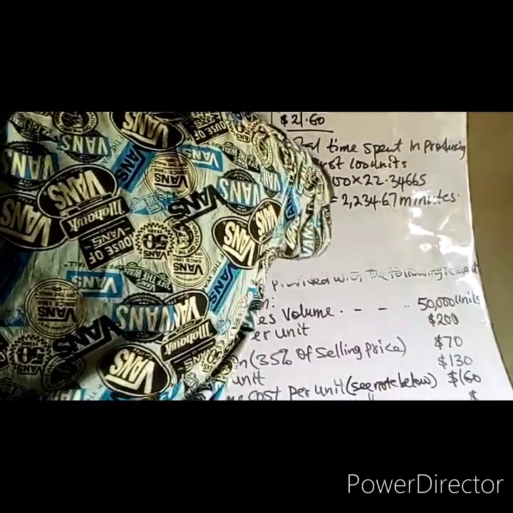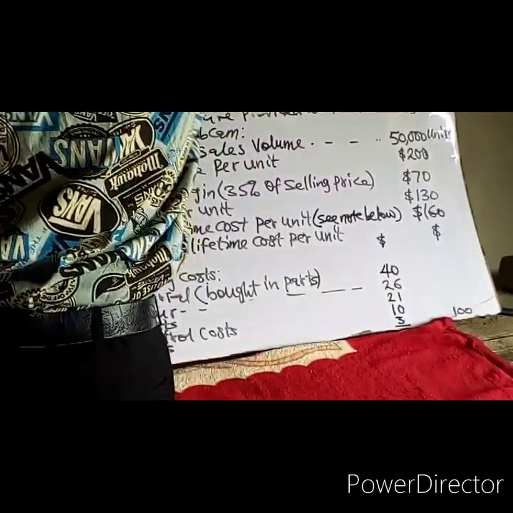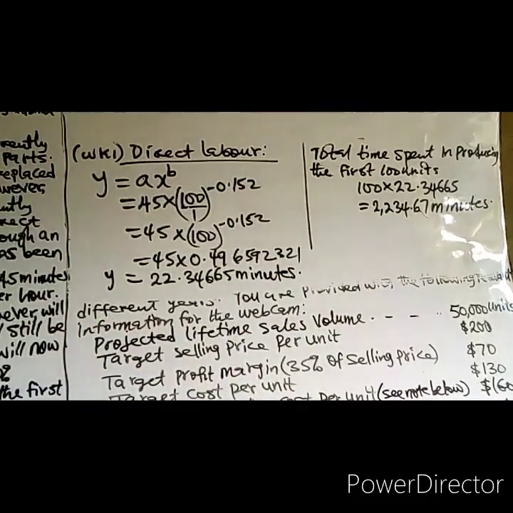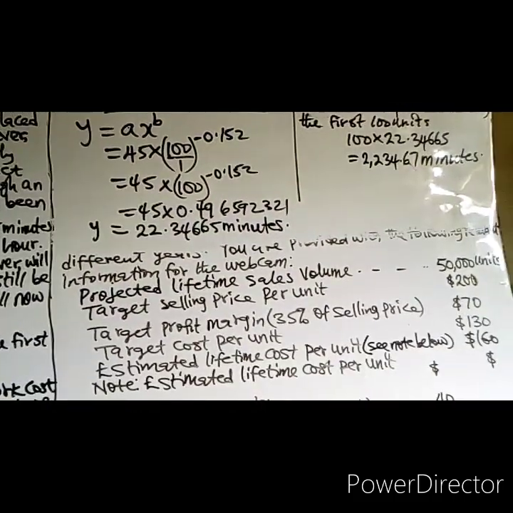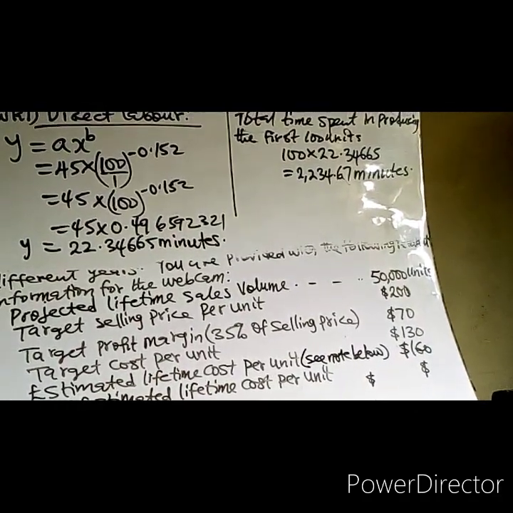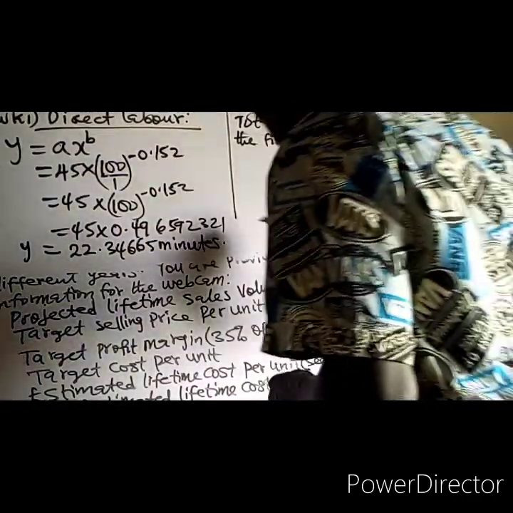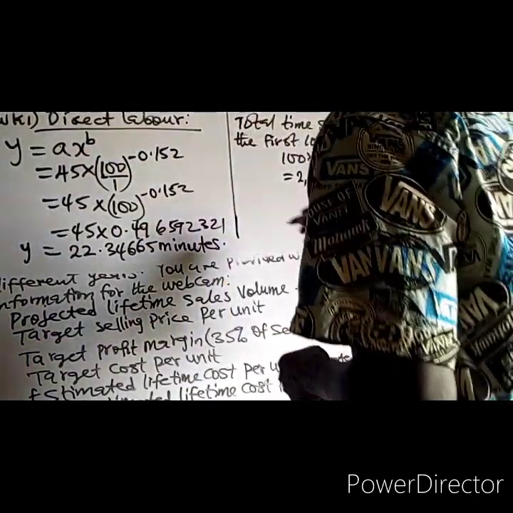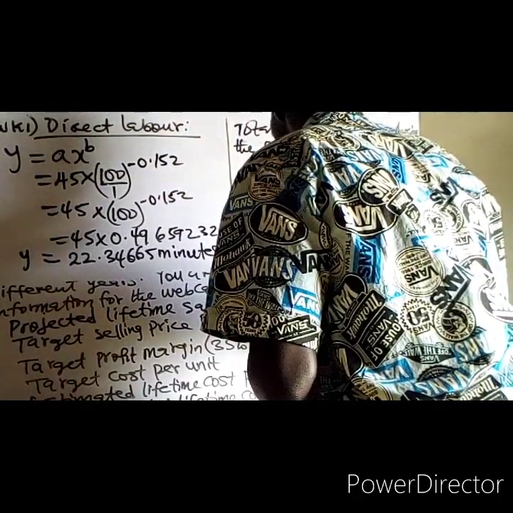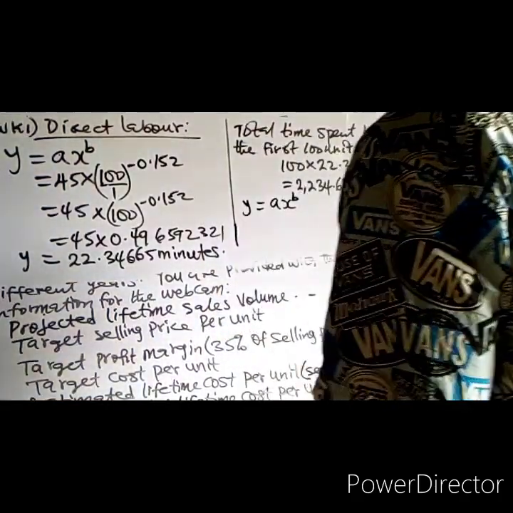So in that case, you will need to calculate the time required to produce the 100th unit. To calculate that, you will first need the time required to produce the first 99 units.